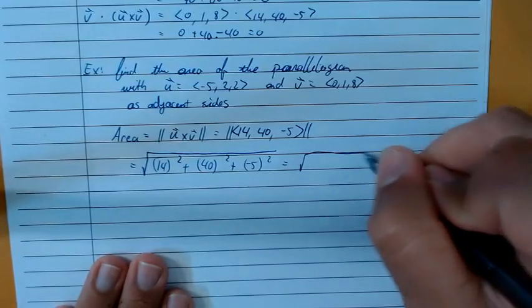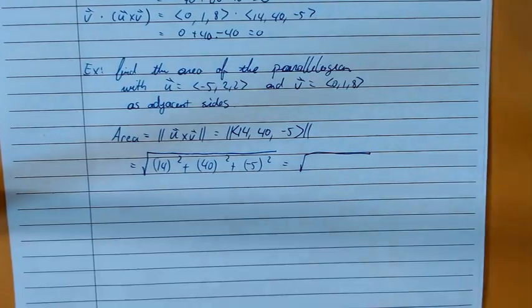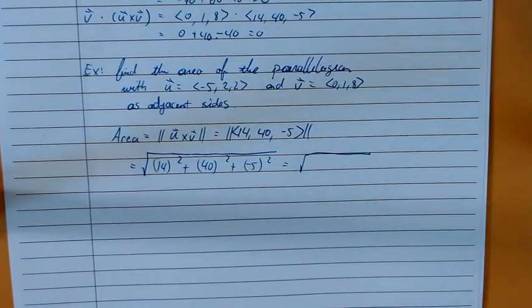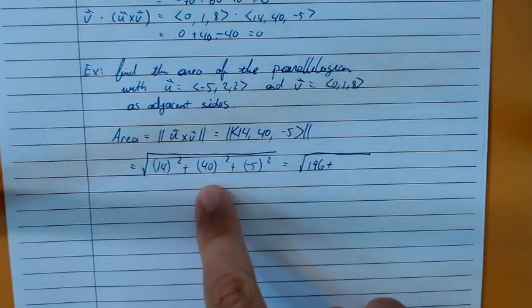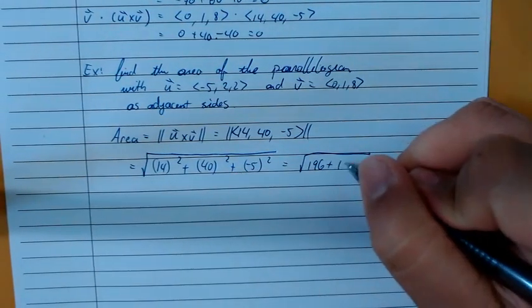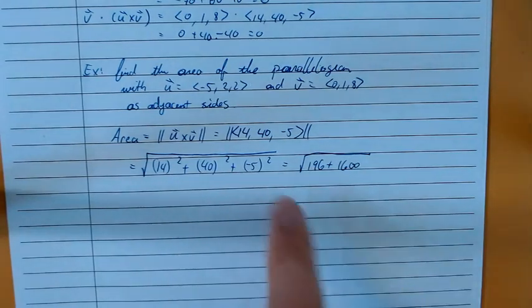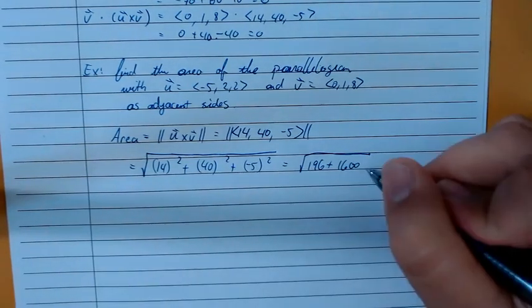So that'll be the square root of, let's see here, 14 squared. That'll give us 196, plus 40 squared. That'll give us 1600. And then negative 5 squared, that'll be positive 25.